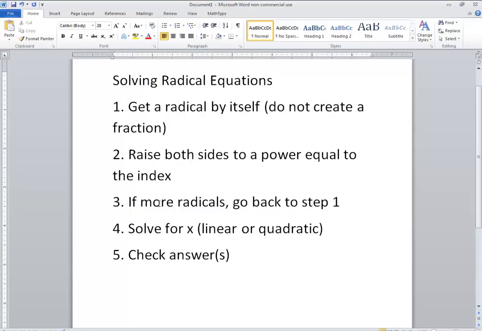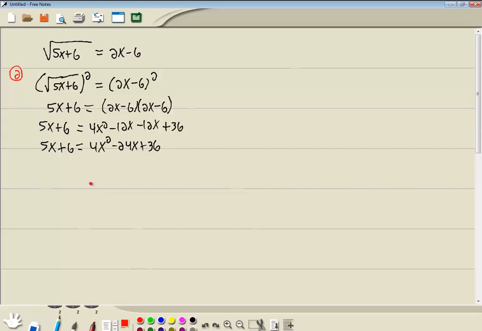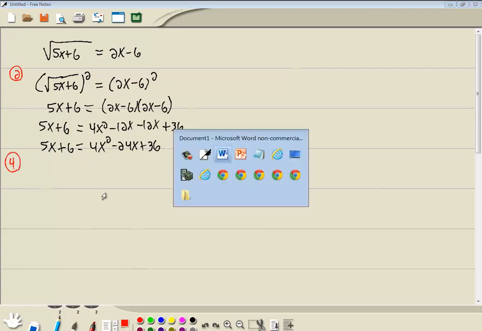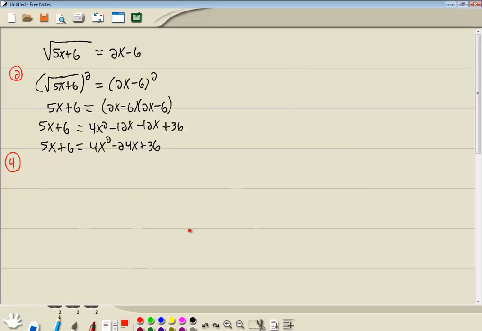Step 3. If more radicals, go back to step number 1. We don't have any more radicals. So we go on to step 4. Step 4 says solve for x. Well, this particular problem is a linear or a quadratic because it's got an x squared. So I want to get 0 on one side and everything else on the other. So I'll take 6 over, and I'll take the 5x over, because we're going to end up using the zero factor property.